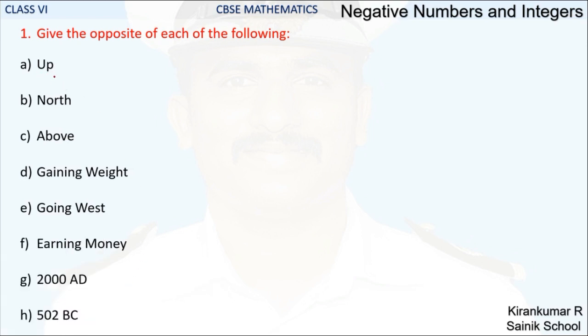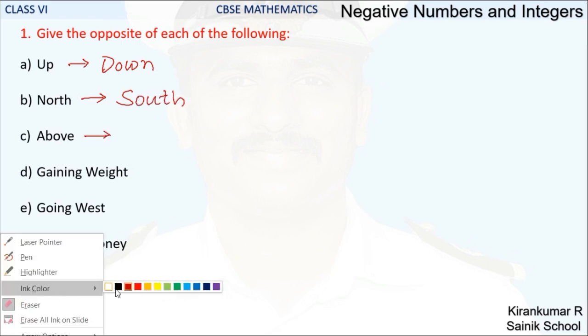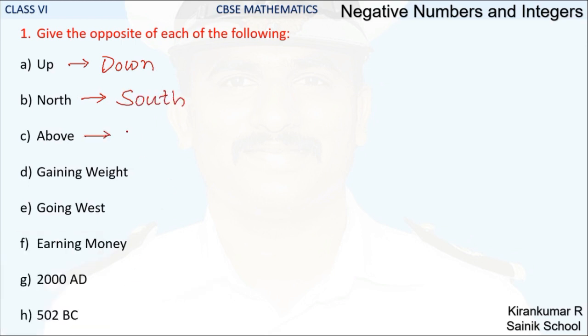Up, the opposite is down. North, opposite is south. The opposite of above is below. Gaining weight, the opposite is losing weight. Going west, the opposite is going east.